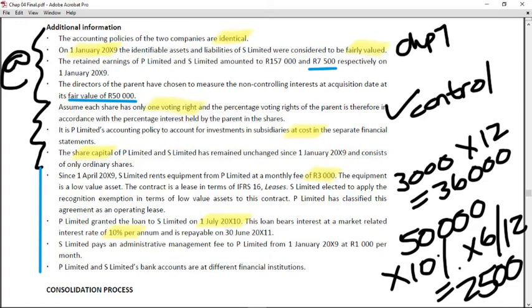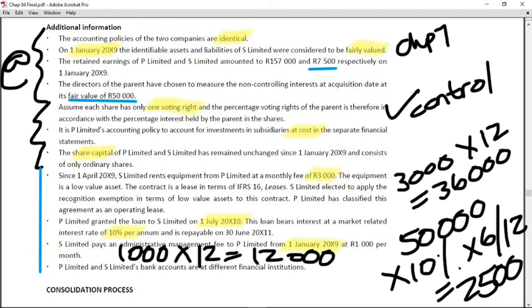Then we see that there's an administrative management fee paid by S to P from acquisition date at 1,000 Rand per month. So that is 1,000 Rand per month for 12 months, the entire year. So that 12,000 Rand administrative fees received in the trial balance of the parent is an intragroup income.